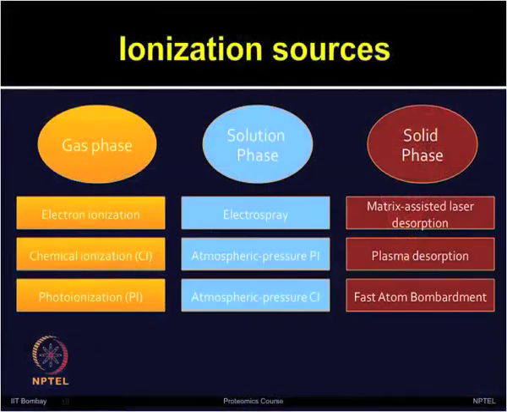With the gas phase, electron ionization, chemical ionization and photoionization are the more commonly used ionization sources. With solution phase, electrospray, atmospheric pressure ionization and atmospheric pressure CI are the more commonly used ionization sources.